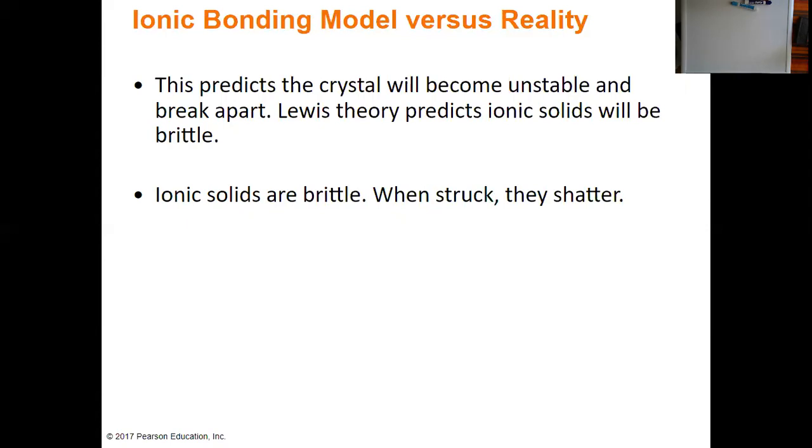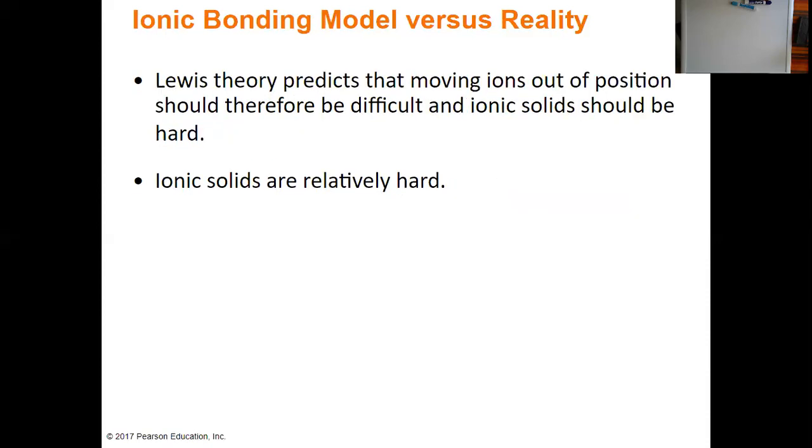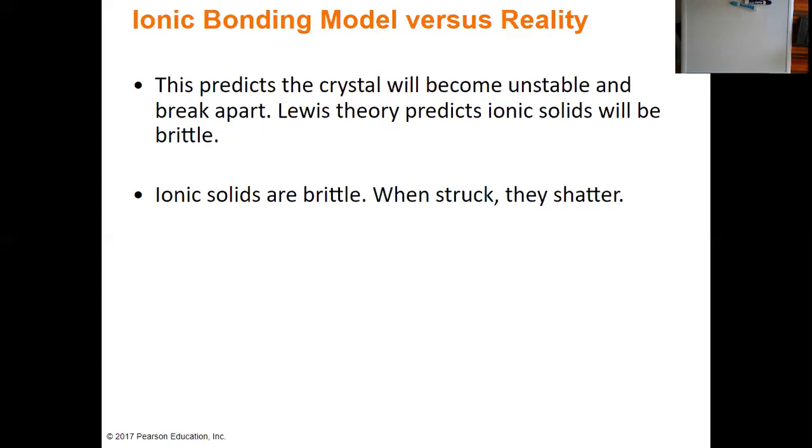Ionic compounds are brittle, which means that if you hit an ionic solid, that disruption in the crystalline structure will cause them to fall apart, right? They shatter when you hit them. And that goes back to what we were talking about over here with that crystalline structure being so important. It's like you move one piece out of the structure and all of a sudden there's nothing holding it together anymore. Okay, it just kind of all goes awry after that.